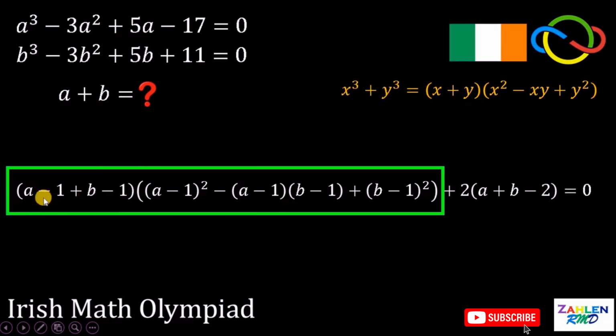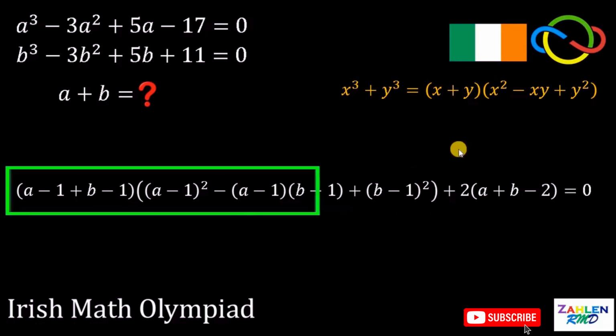If we factor these two terms, this will give us (a minus 1 plus b minus 1) multiplied by ((a minus 1) squared minus (a minus 1)(b minus 1) plus (b minus 1) squared).